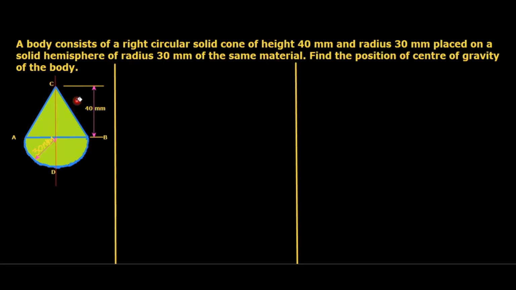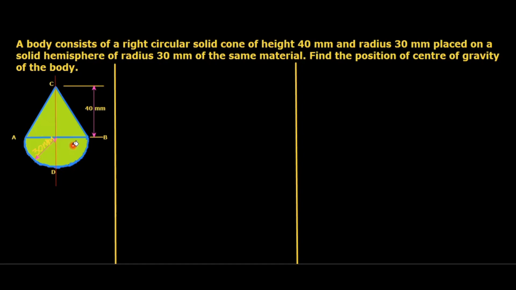So this is the given diagram. Here you can see a right circular solid cone that is placed over a hemisphere. If you have a sphere and make a 90-degree cut at the middle plane, then you will get the hemisphere, with half the volume of the sphere.